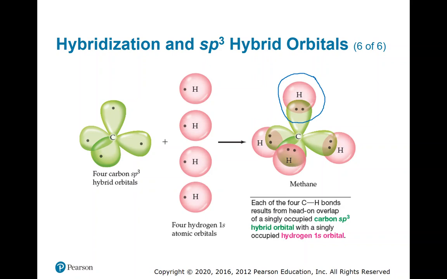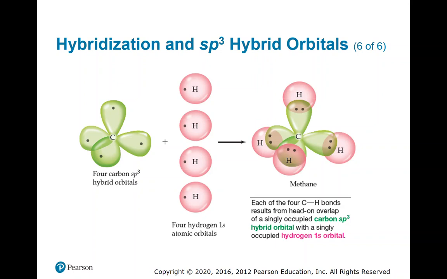So a direct overlap between the 1s atomic orbitals of hydrogen and the sp3 hybrid orbitals of carbon. That gives you methane, and it accounts for the fact that all 4 of those bonds are equivalent and that we have a tetrahedral shape for this molecule.